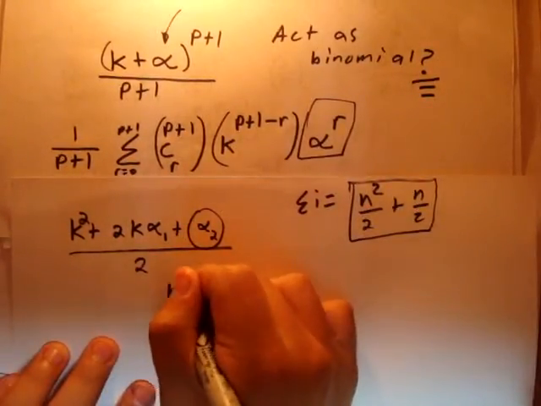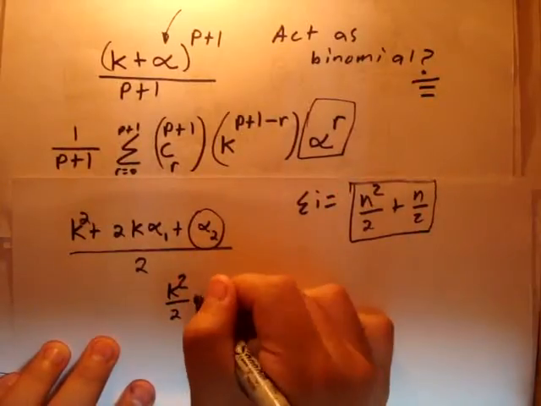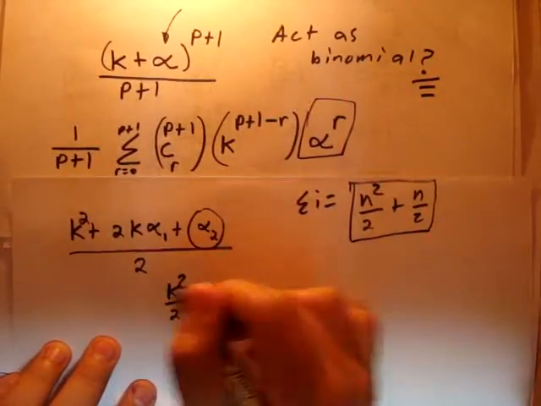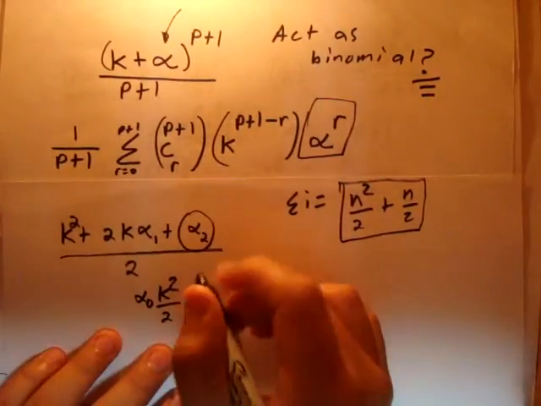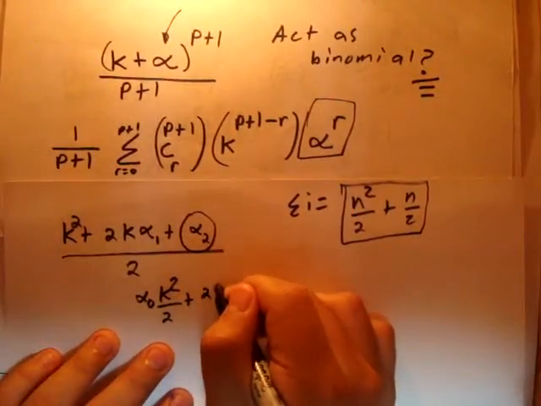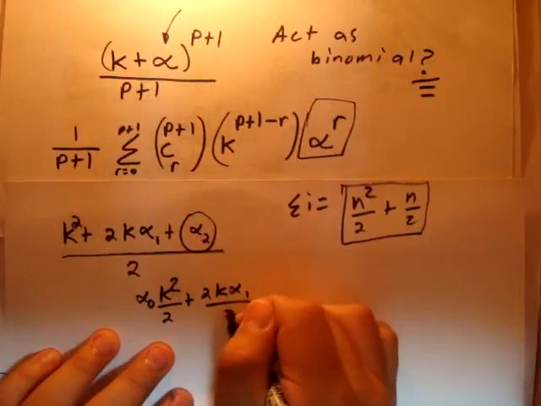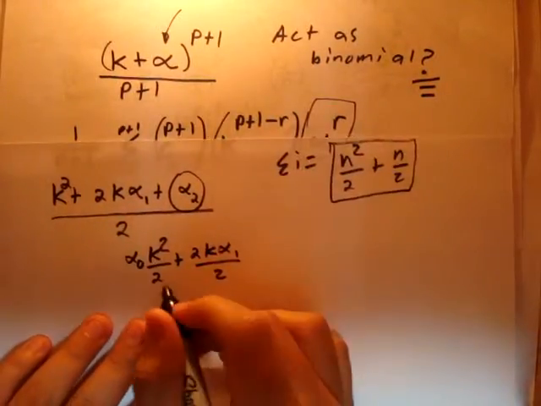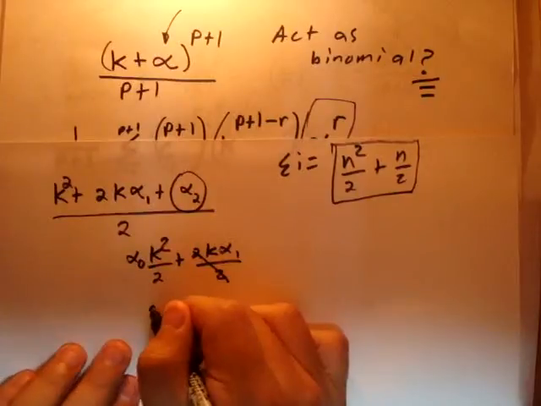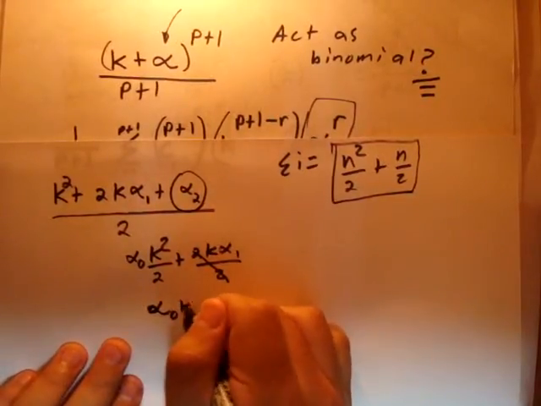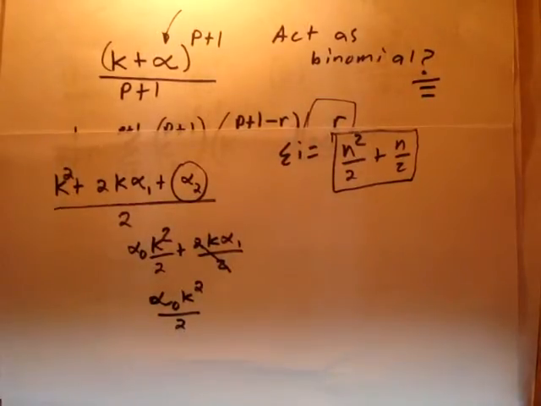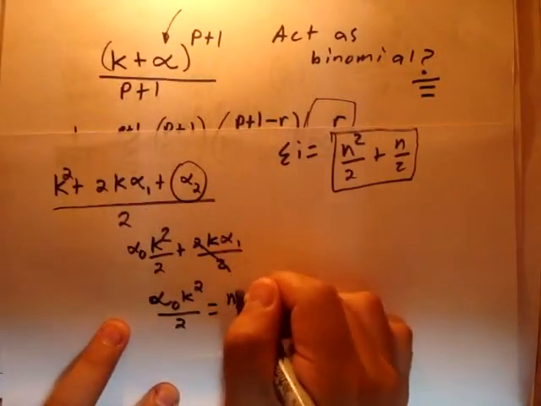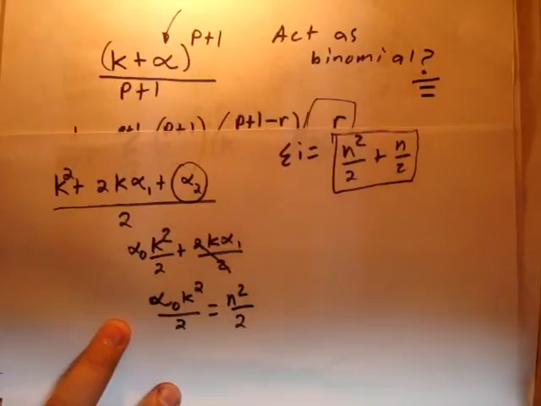So we have k squared divided by 2 plus, oh, another thing I forgot, there's an alpha 0. Remember, if they're going to be coefficients, they must be everywhere. Alpha 1 divided by 2. Let's actually simplify. We're left with alpha 0 k squared, and this is, remember, with alpha being equal to what Bernoulli number is. You can make this equal over here. k and n are basically the same thing.